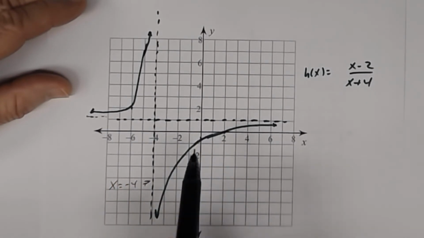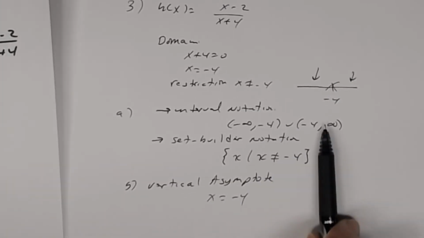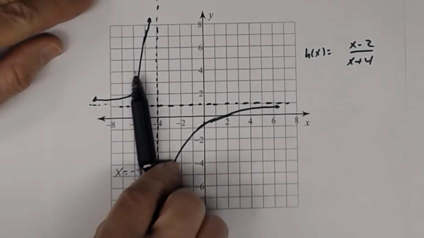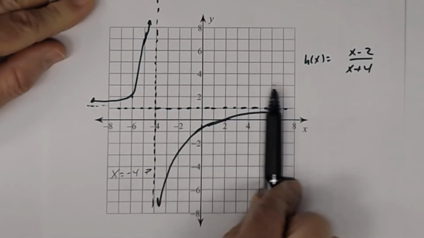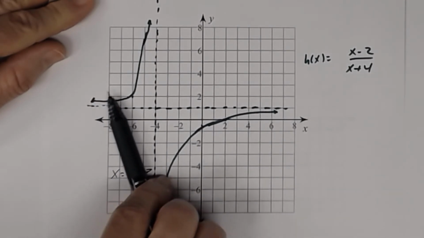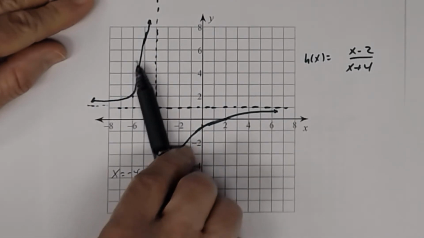And notice, remember you had two intervals for the domain. So from -infinity to -4, here's part of the graph. And then from -4 to infinity, here's the other part. All right, so on this side, the graph is above the horizontal, goes towards the vertical and the horizontal like this.